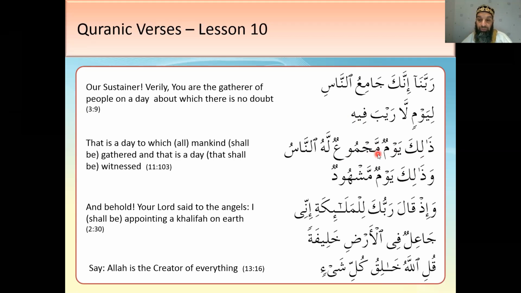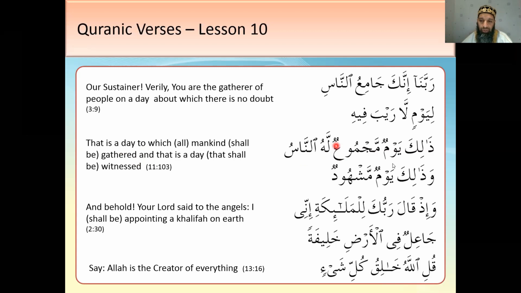Jama'a means to gather. Majmu'un is when jama'a is done to that thing, so gathered. Yawmun majmu'un, that is a day to which all mankind shall be gathered.